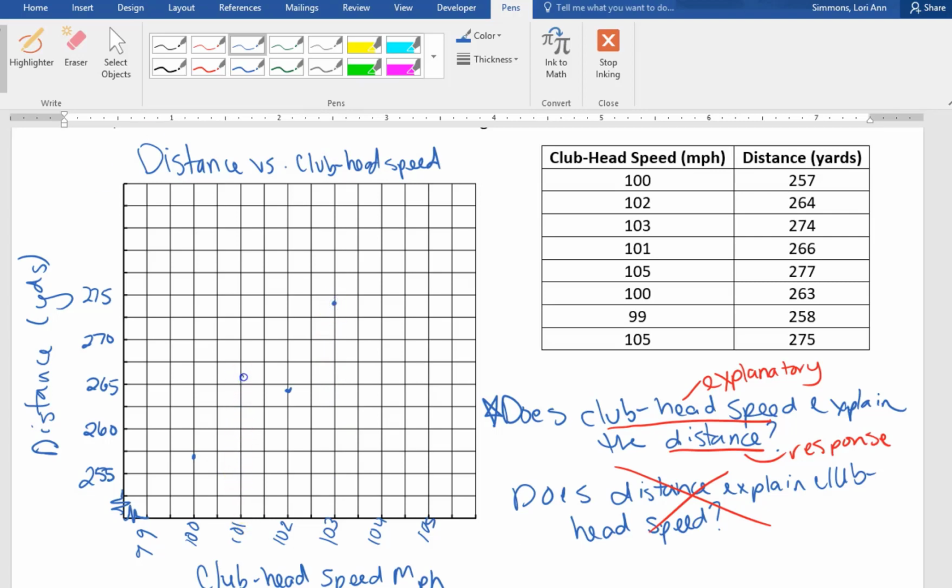And so on. All right, you should get something similar to this, and that is a scatter diagram.